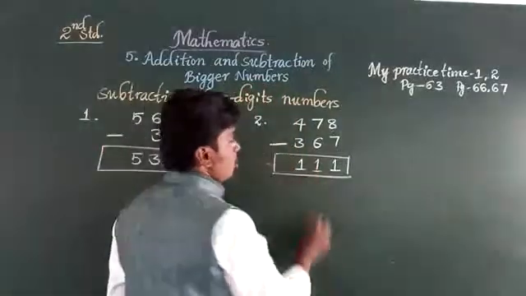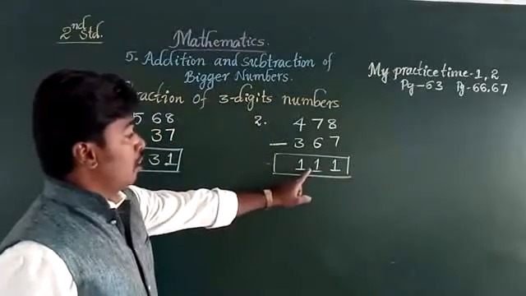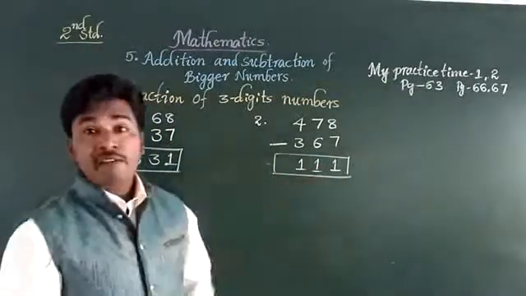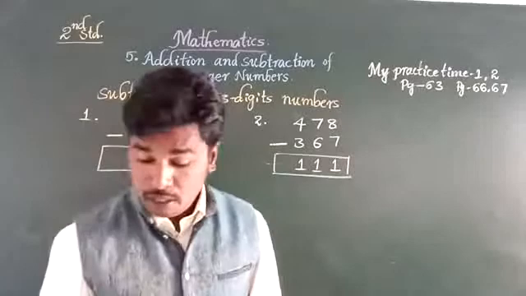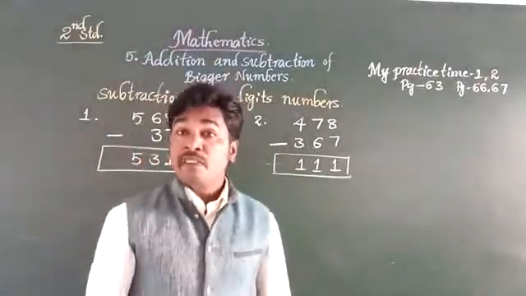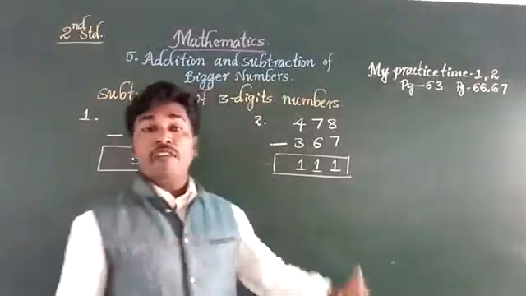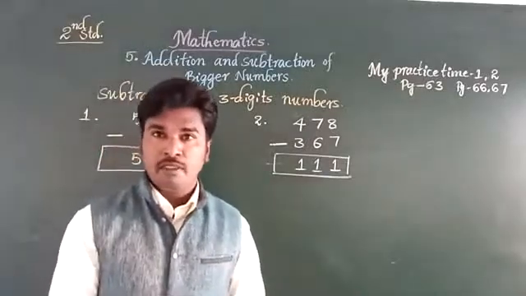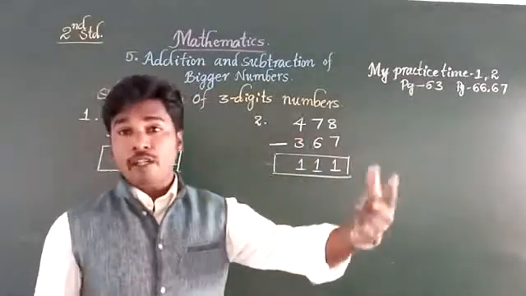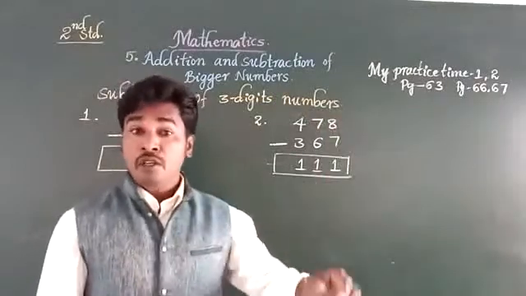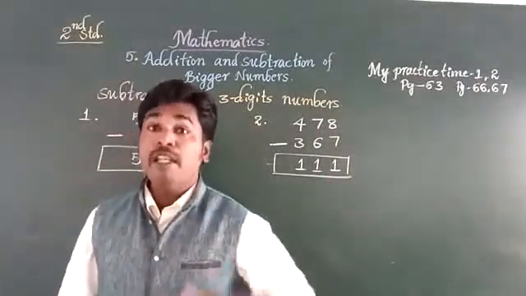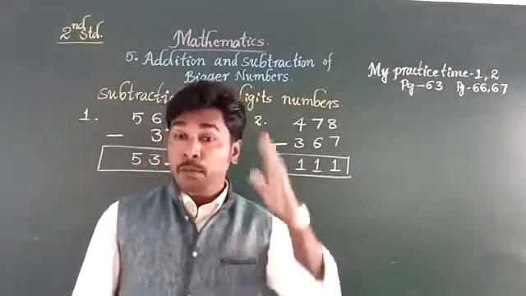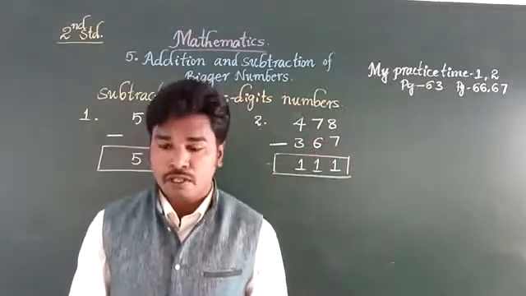So the answer you get is 111. This is the subtraction of problems without regrouping. Here we have not taken any borrowed terms. In addition, you give a carry to the next number. In subtraction, you take a borrow from the next number. So please remember, don't get confused.